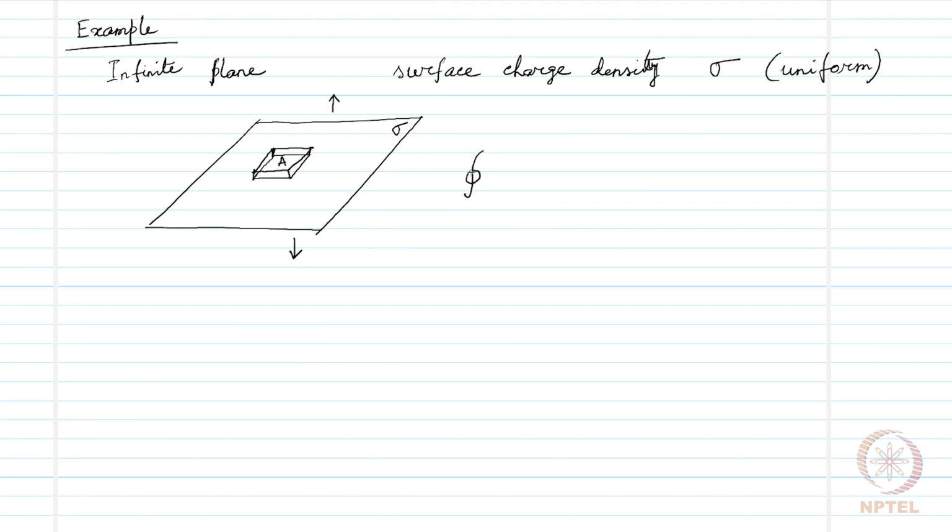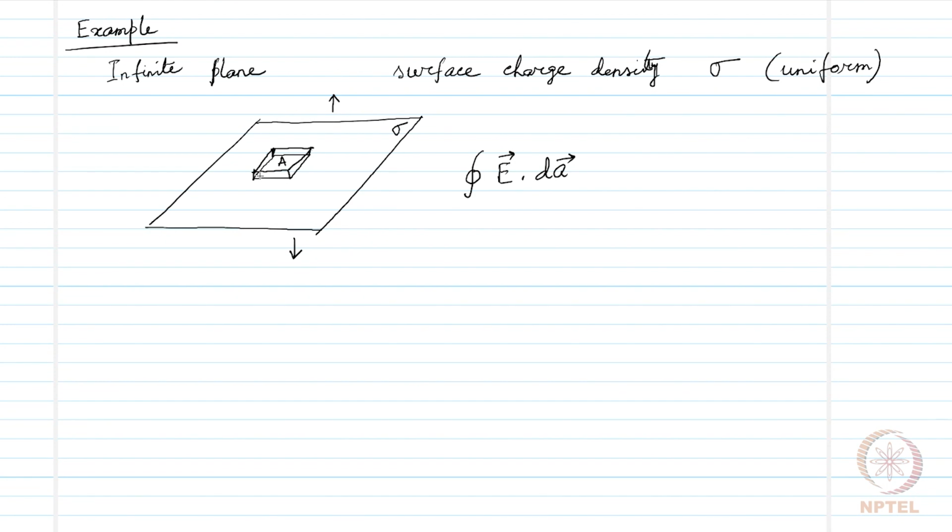Let us write down the expression for E dot dA. On the top surface of this box, the electric field is pointing upwards and the direction of this surface element is also upwards. So, E dot dA will give the maximum value there, and for the side surfaces, E dot dA will become 0.